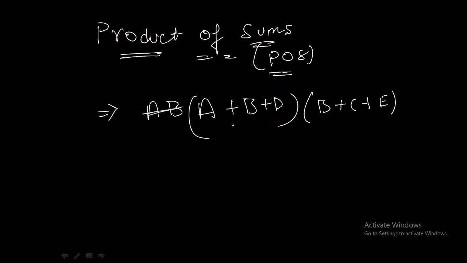So in this POS form of representation, the sum terms are getting multiplied. This is an example of POS. In the previous session we also saw the introduction of the POS form. Now we will start with what is meant by the standard or canonical POS form.